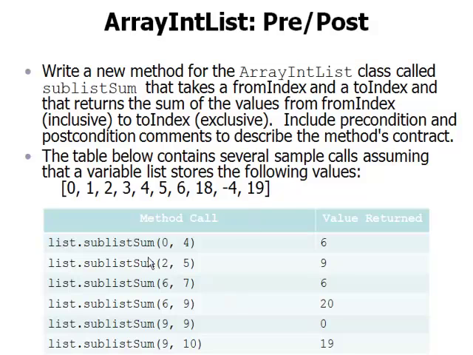So in this first call, we're asked to find the sum from 0 through 4. Now you might imagine that would go from index 0 all the way through index 4, but that's not the convention that we use in Java. In Java, the convention is that the from index is inclusive, so we do include the 0, but the to index is exclusive.